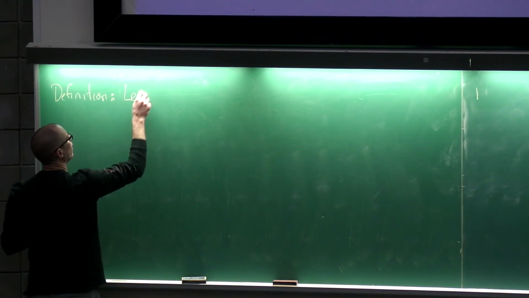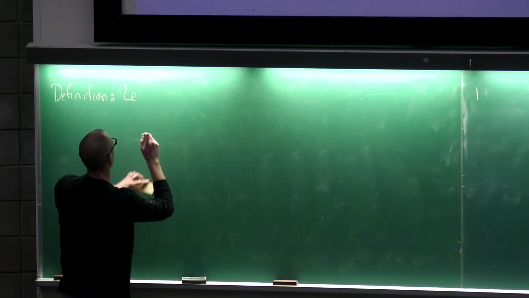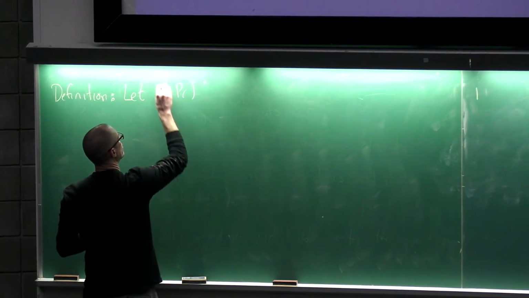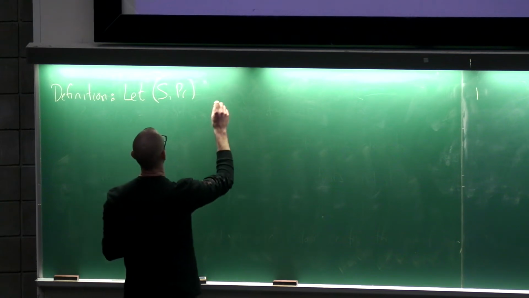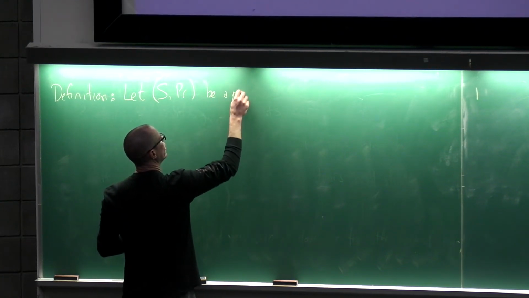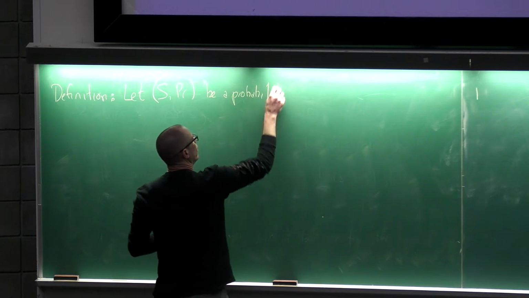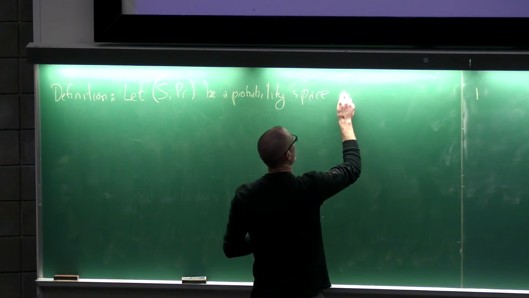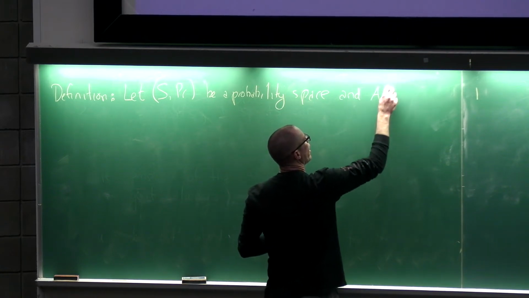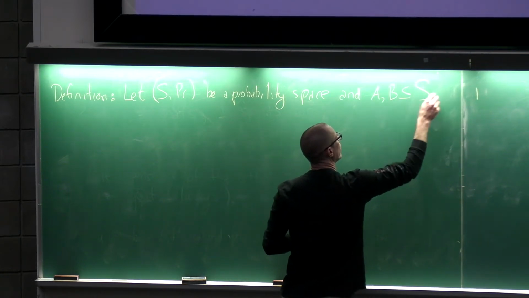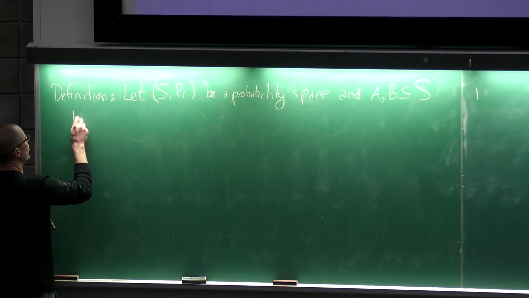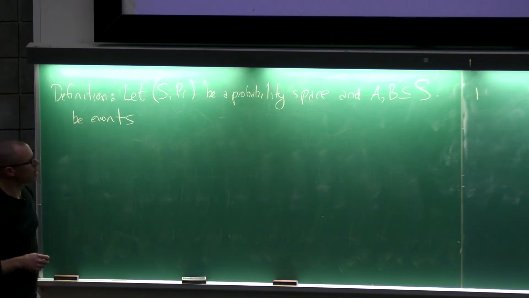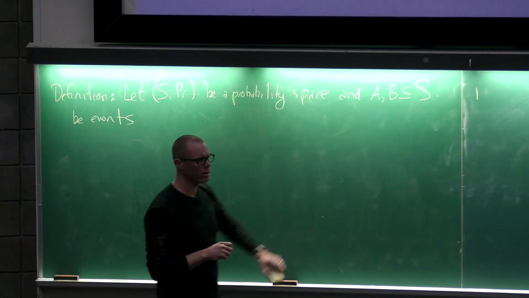Definition: let S be a probability space, and A and B be subsets of S, which we have this funny terminology in probability. Instead of calling them sets, we call them events.